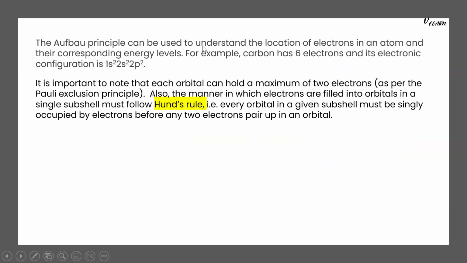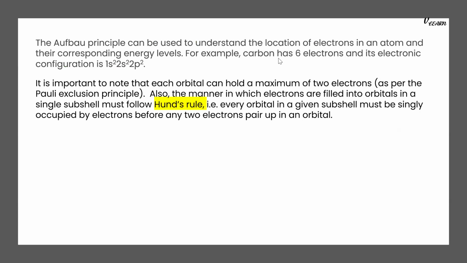See, the Aufbau principle can be used to understand the location of electrons. In various cases, we will consider the valency electrons. So this Aufbau principle will actually help us to understand the valency electrons of an atom and its corresponding energy level. For example, we know the valency of carbon is 4, right? So how can we find that out by using the Aufbau principle?